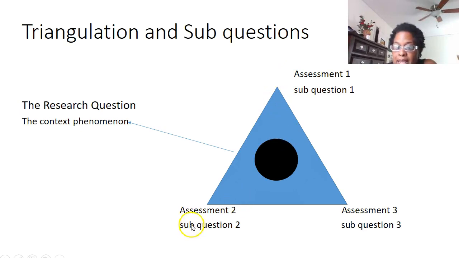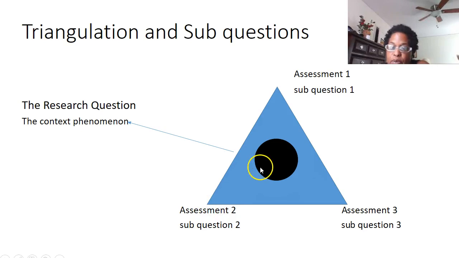My next sub-question may be: will the memory strategy increase fluency? From my literature review, I learned that fluency and memory are related, so as we increase memory, we increase fluency. I'm using that as another way to look at this situation.